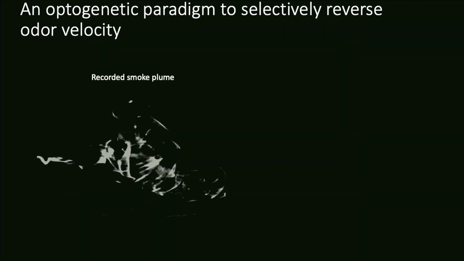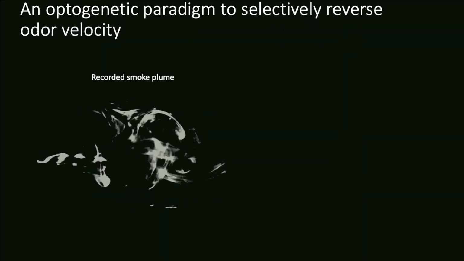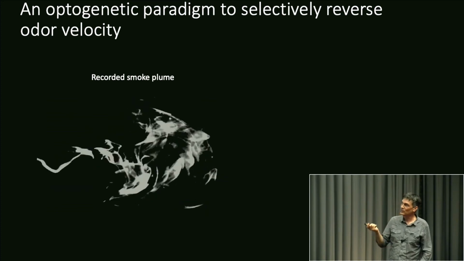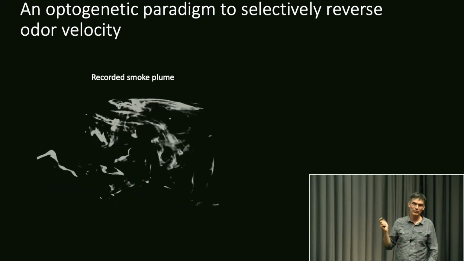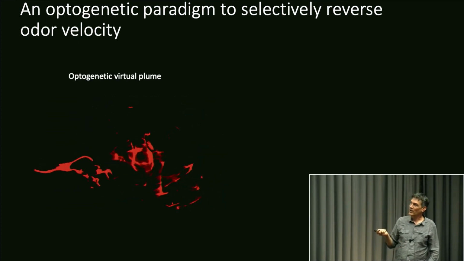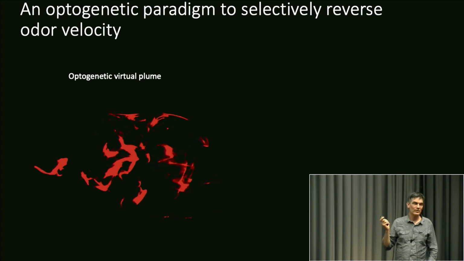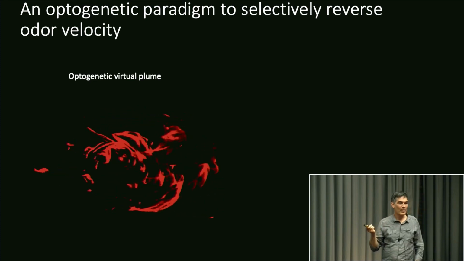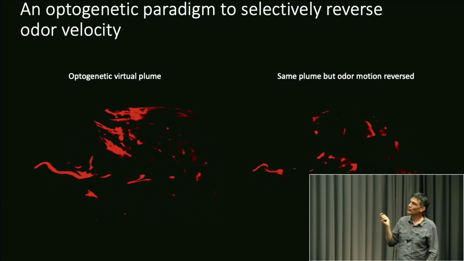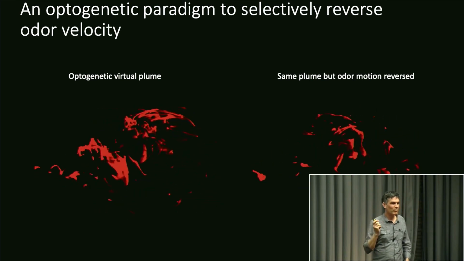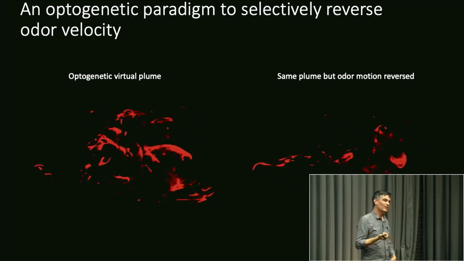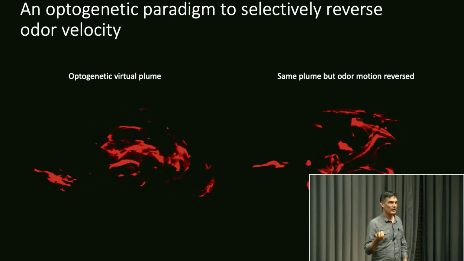So now, the last thing we can do is this. This is the real smoke plume I was showing you before. I can play that plume straight on the fly, but I can also play it reversed in time. When you play it reversed in time, you basically invert the correlations.